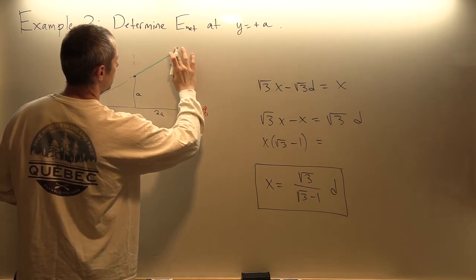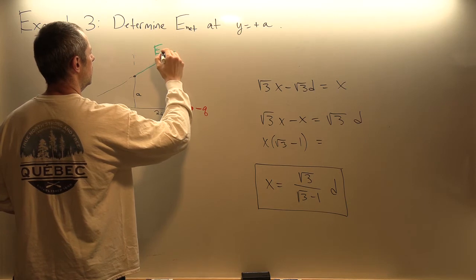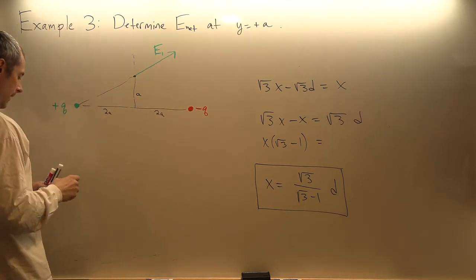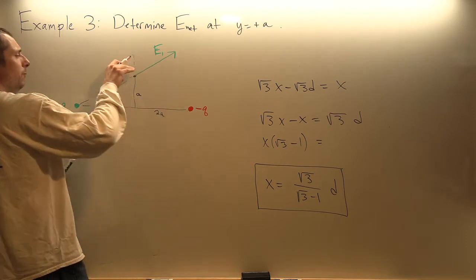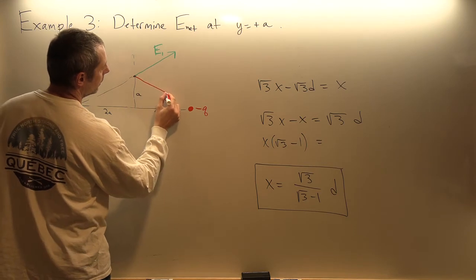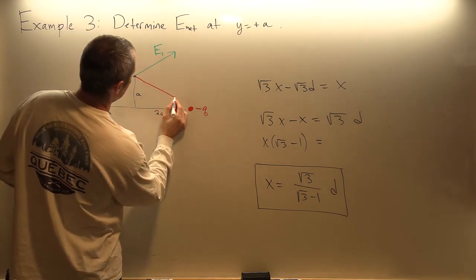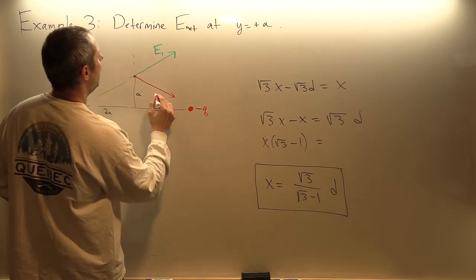Let's call this E1. And this creates an electric field because it's negative, pointing directly towards itself. So that would go like this. And I want to draw those the same length because they are the same length.